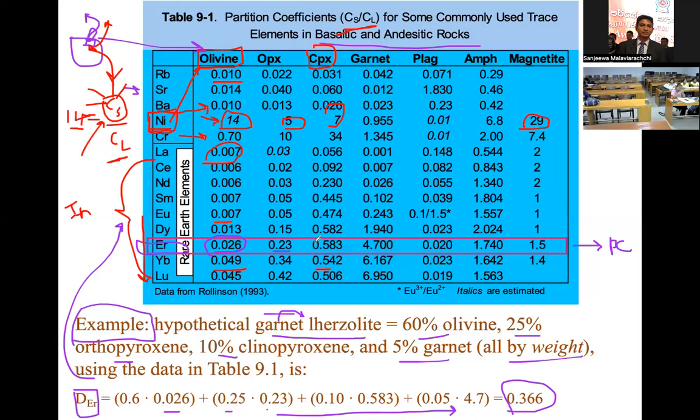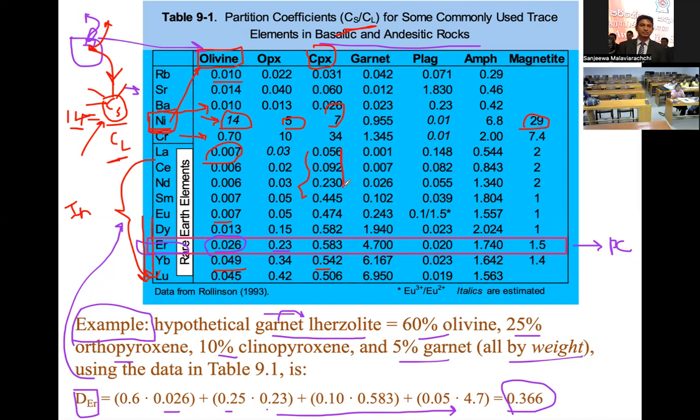So in CPX, these particular rare earth elements are compatible. Whereas the other half, they don't like it much. That's why you have lower values, right? They like it, but not much, right?